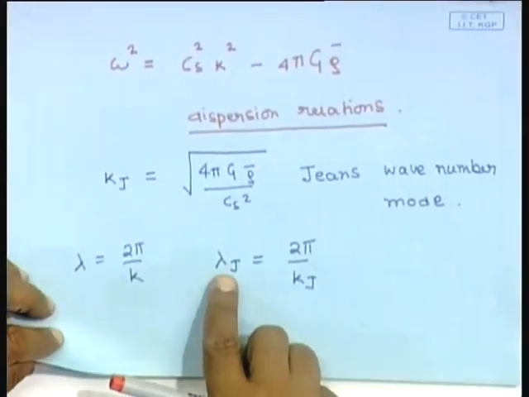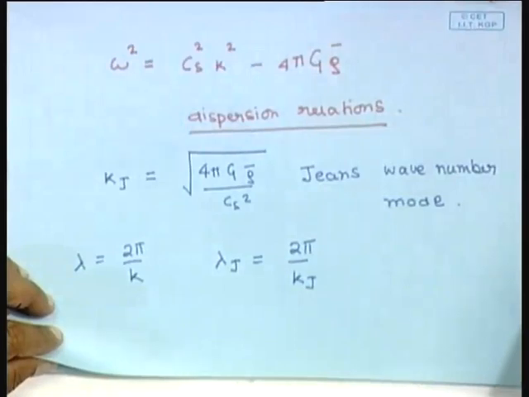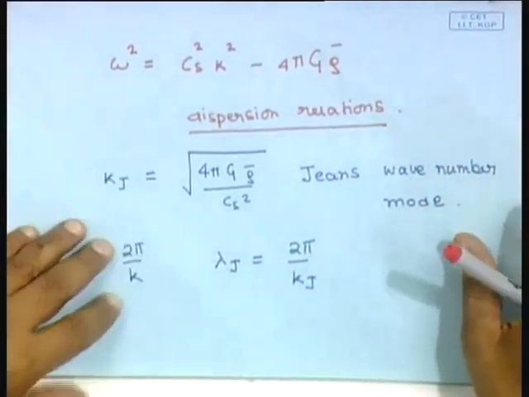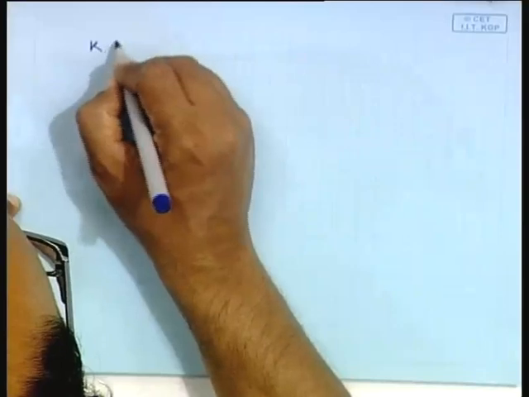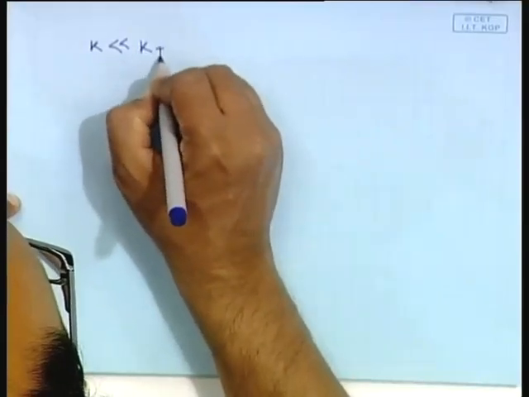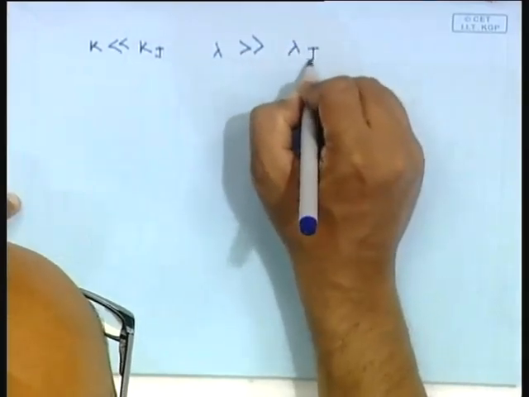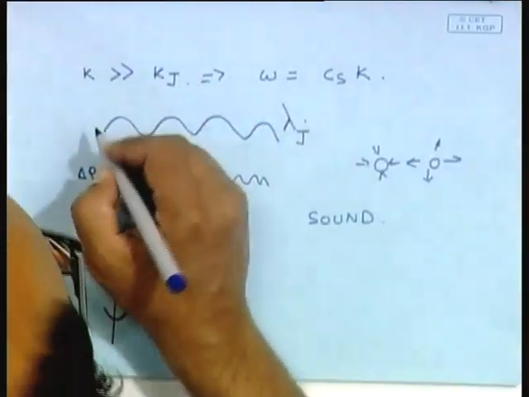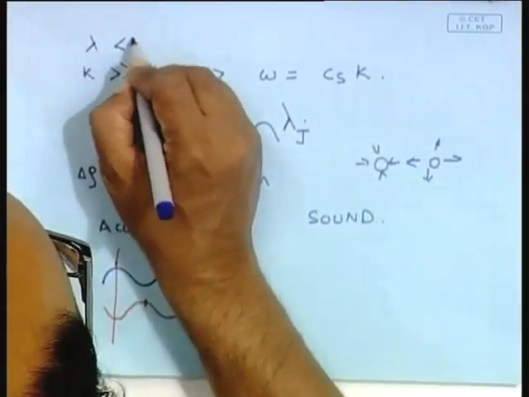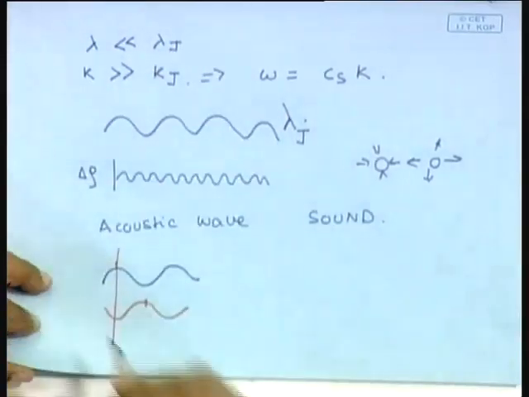The other possibility is where the wave number that you are dealing with is smaller. We were looking at the wave number being much larger. So let us now consider the other limit, where the wave number k is much smaller than the Jeans wave number, or the wavelength that you are dealing with is much larger than the Jeans wavelength.